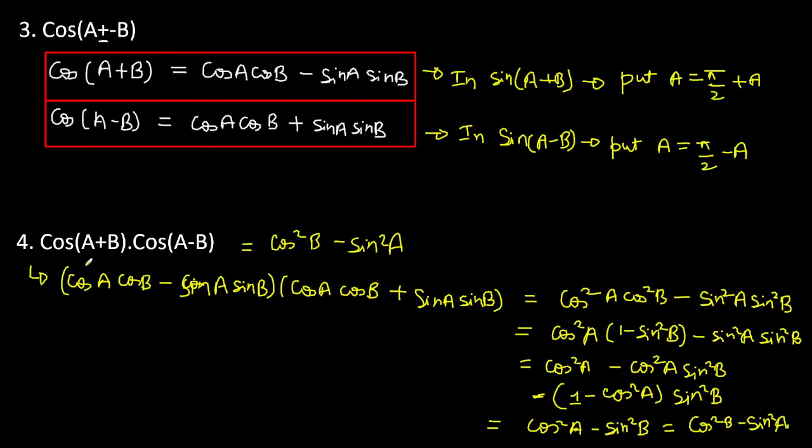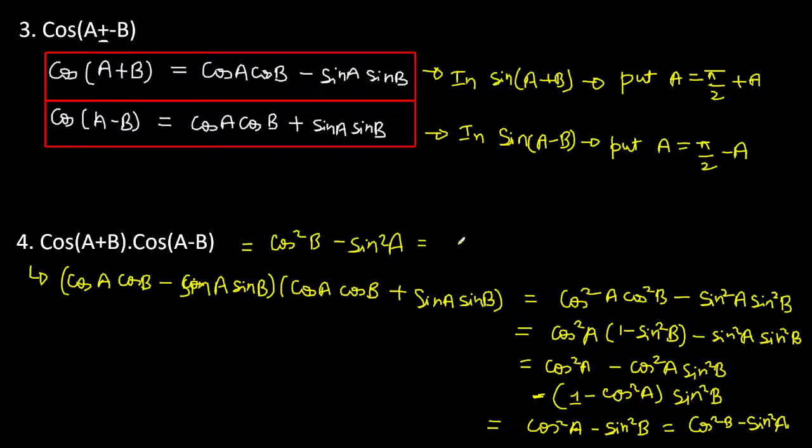What we are going to understand is that in cos(A plus B) we have something in cos and then sin, so when it is multiplied, it will be something square in B minus sin cos sin.